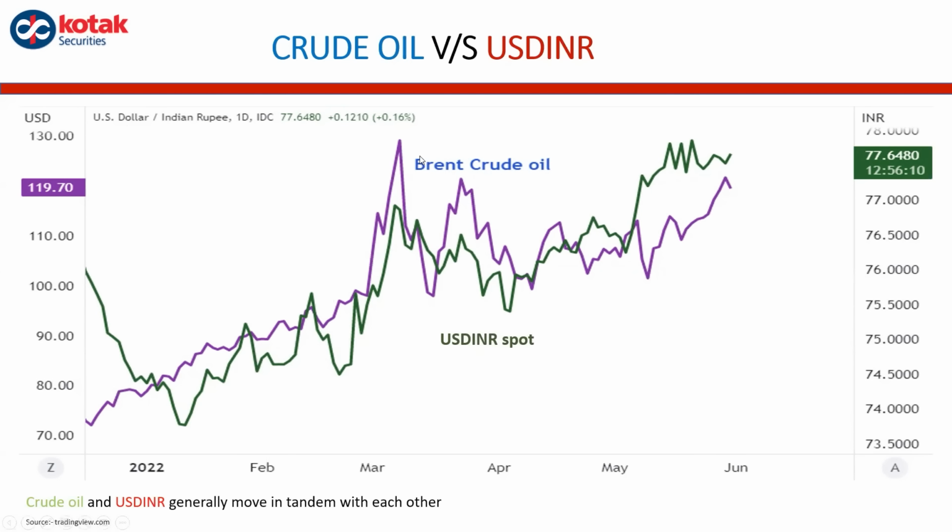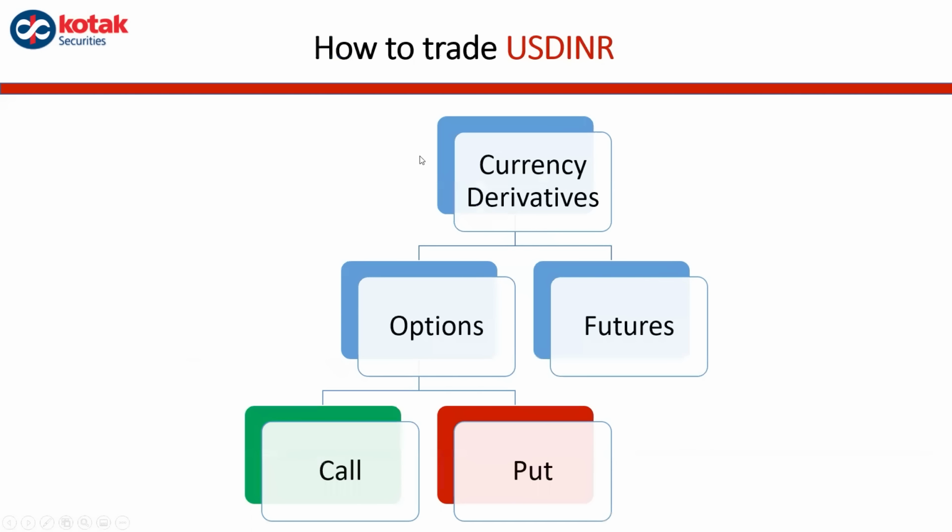Now that we know most of the factors that are driving the dollar rupee, the question arises how to trade dollar rupee. Dollar rupee is a currency derivative. Like any other derivative contracts, you have options and futures, and under options, you have calls and puts.